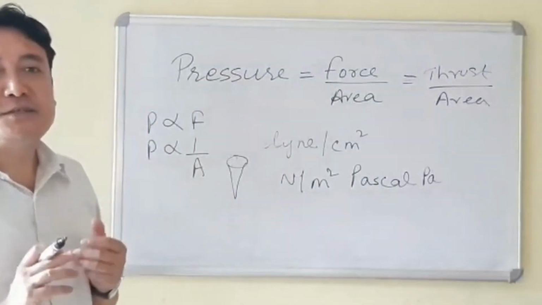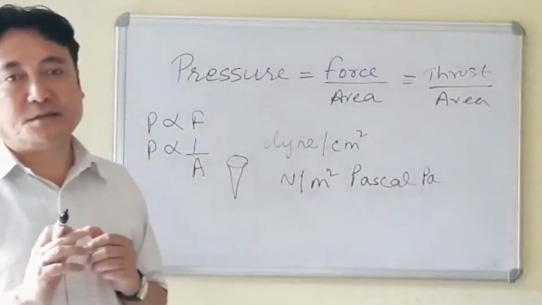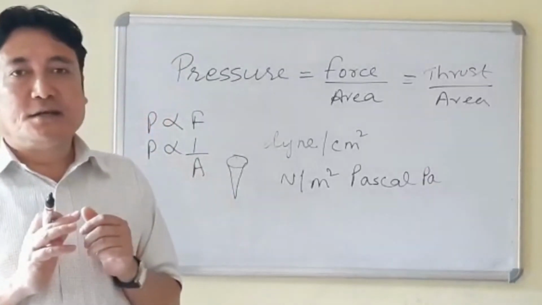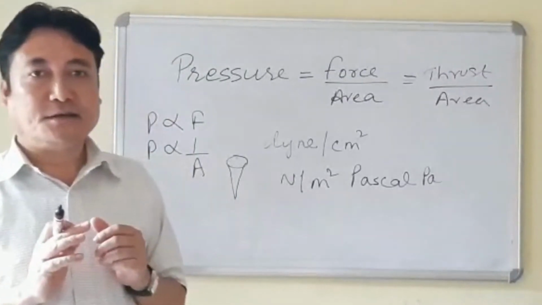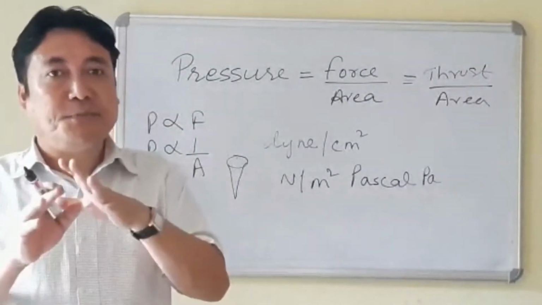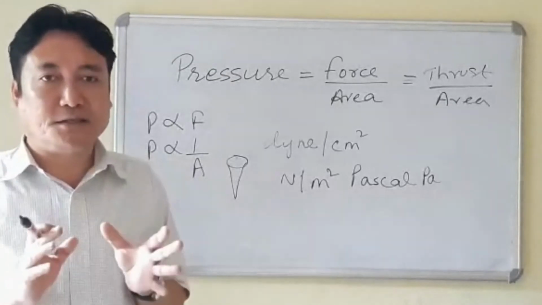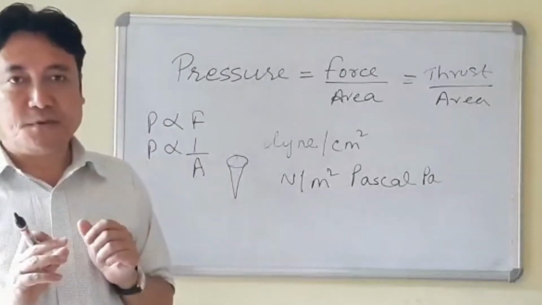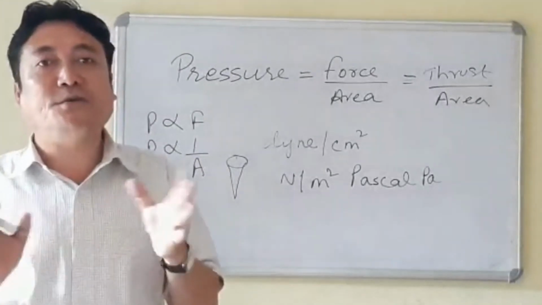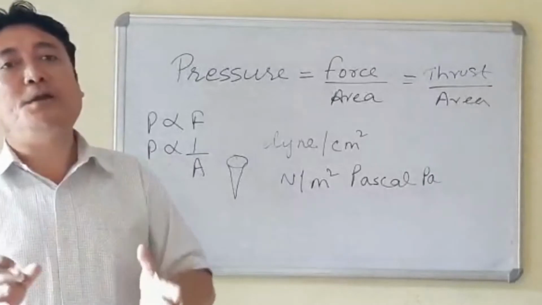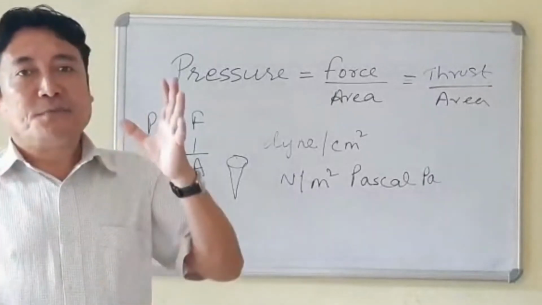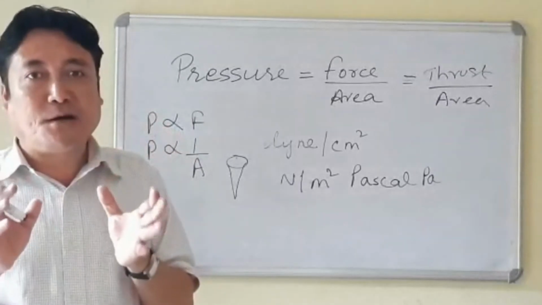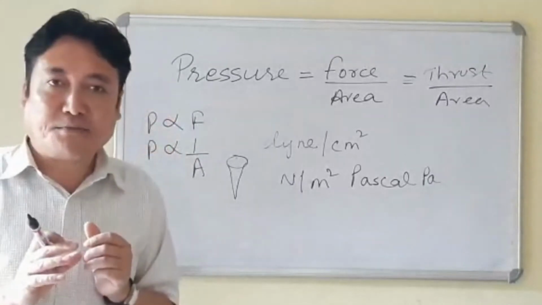Next is how to decrease the pressure. Like the first example, when buildings are constructed, the base of the building is made broad. Why is it made broad? In order to increase the surface area, because as you go on constructing the building, its weight becomes more, and more pressure will be exerted by the building.